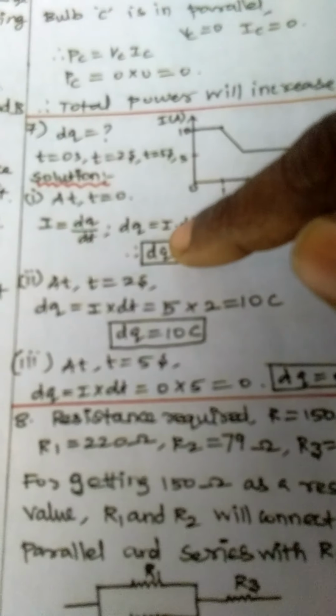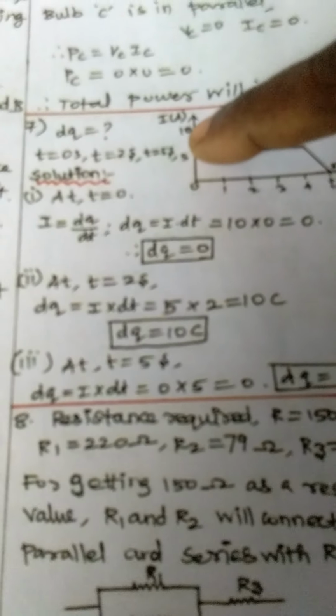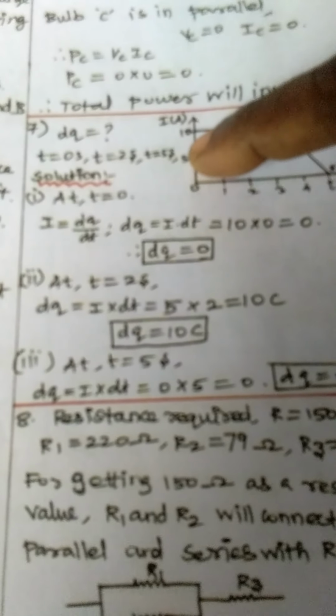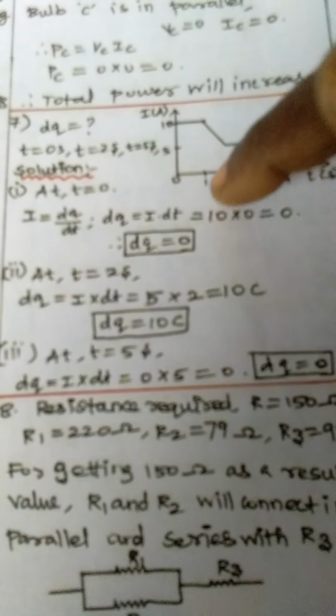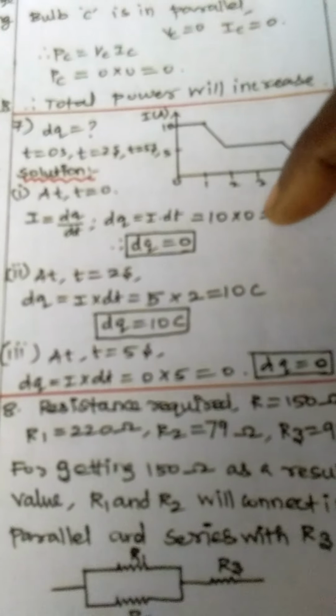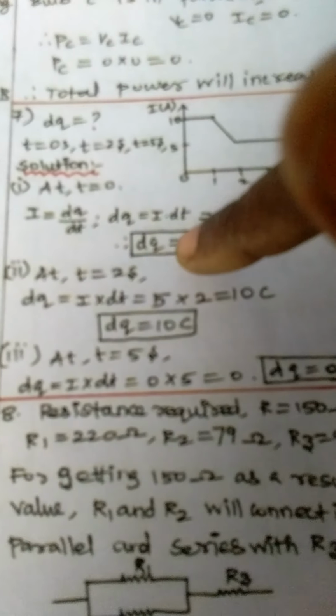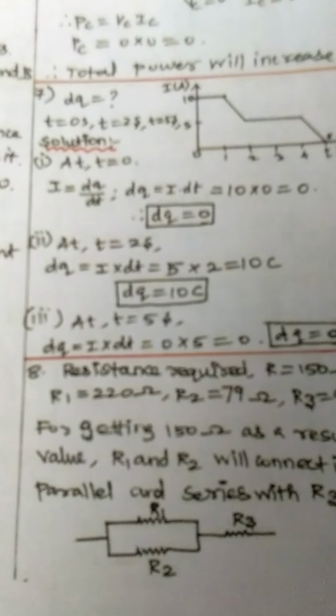The time is 0, and the current value is 10. So 10 into 0 equal to 0. So the charge is 0 only. The charge is 0, right.